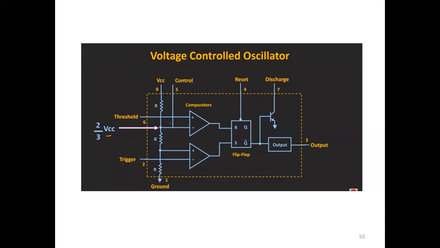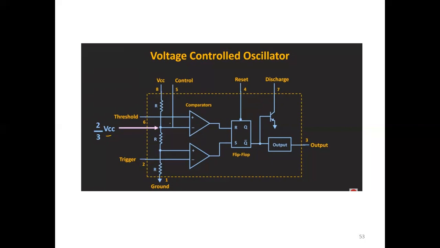For comparator 1, when the threshold voltage is greater than 2 VCC divided by 3, the output will be 1. In comparator 2, when the trigger value is less than the reference, the output will be 0. It then goes to the flip-flop, with inputs R and S.